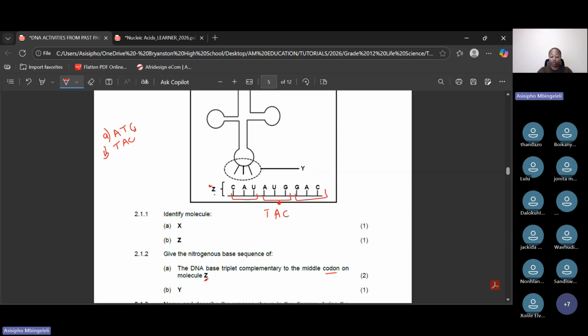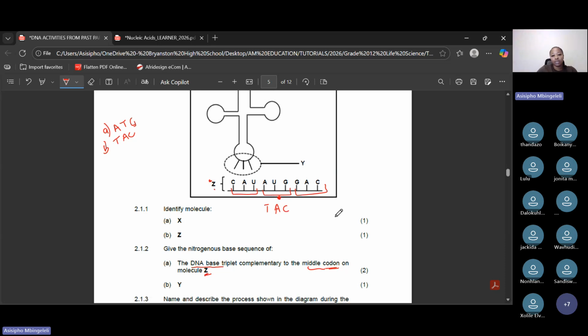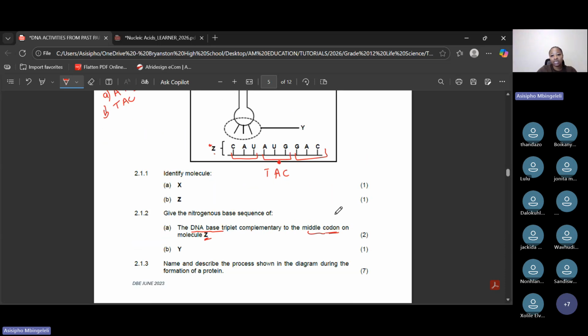Okay, so let's take note of the words that they use in the question. They use the word codon, and they said the middle one, and they said molecule Z. So they've told us which bases they want, which is the DNA base. We just need to keep on practicing these activities. We will be fine.